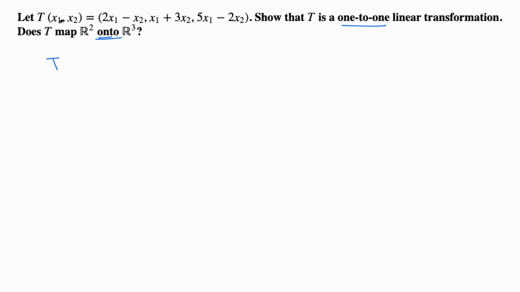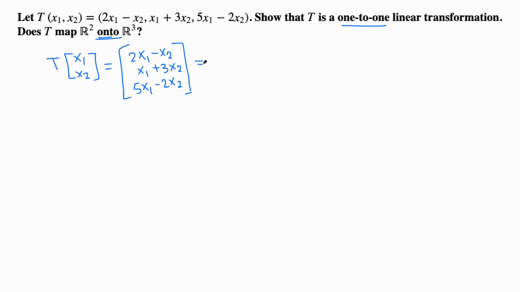So T of x1, x2, we can write in vector notation, vertically: 2x1 minus x2, x1 plus 3x2, 5x1 minus 2x2. And this vector, in fact, we can write in this way.